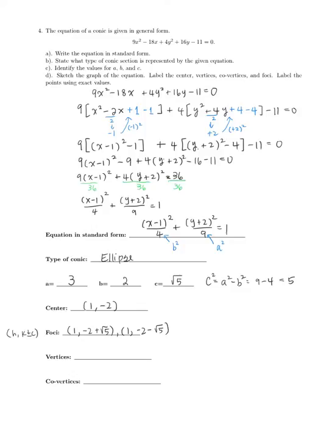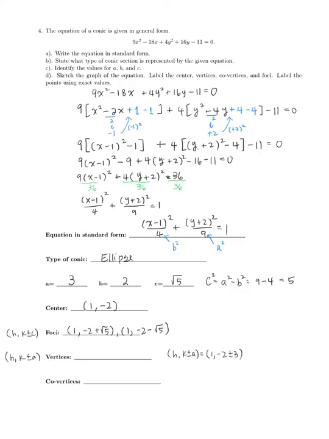The formula for the vertices, if you look at the formula sheet, I believe it's (h, k ± a). So let me just compute on the side. You're going to have (h, k ± a). This is (1, -2 ± 3).